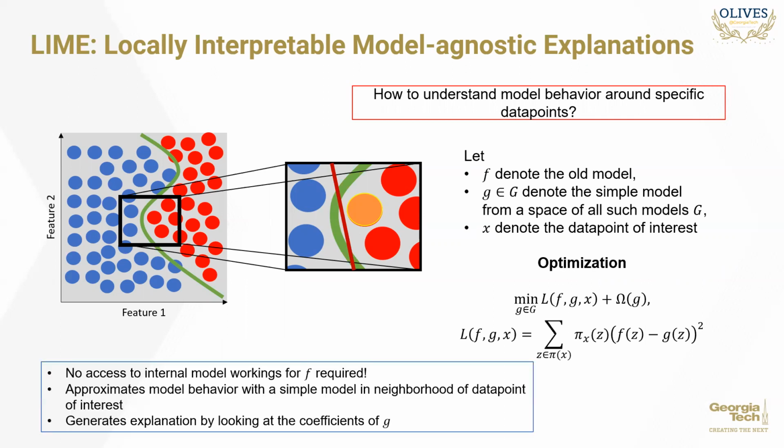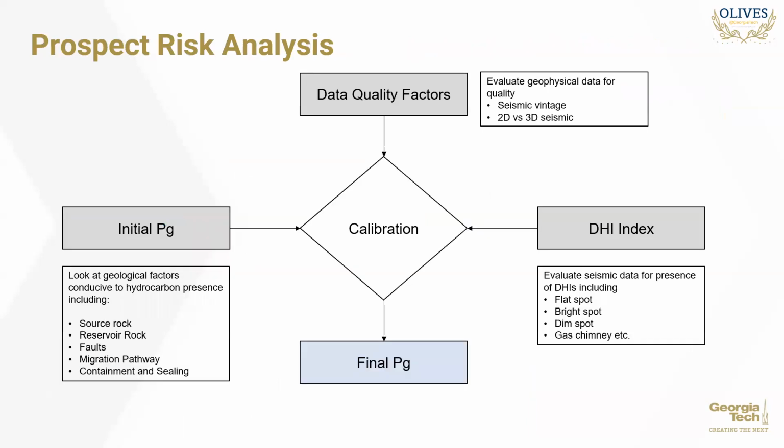The good thing with LIME is that it does not need access to the internal workings of the original black box model. As long as it has access to the decisions of the model, it does not need to know exactly how the model works. And then it's able to approximate this model behavior in the local neighborhood of some data point of interest with a linear interpretable model.